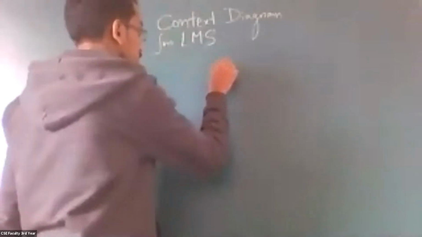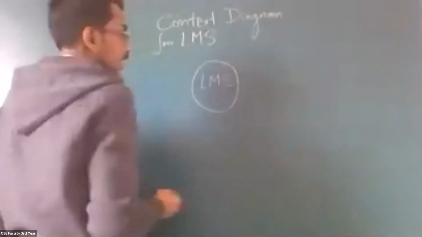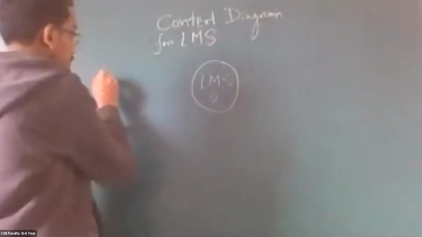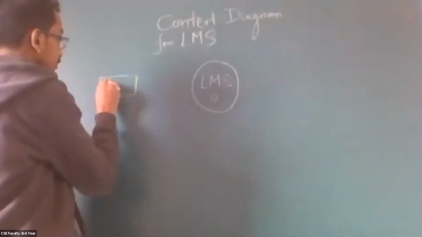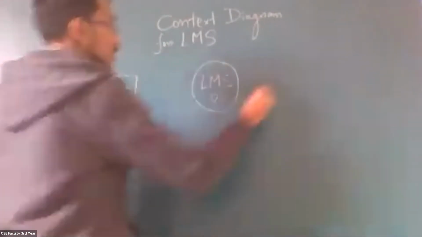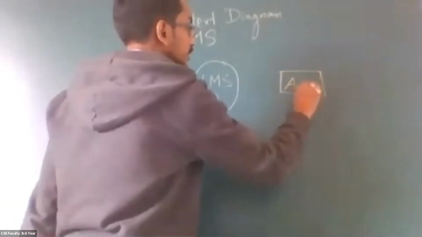Context diagram for library management system. For context diagram, we just have one process which is library management system, and we mention it 0. This is the number of the process, and we have user as entity and admin, suppose admin as another entity.